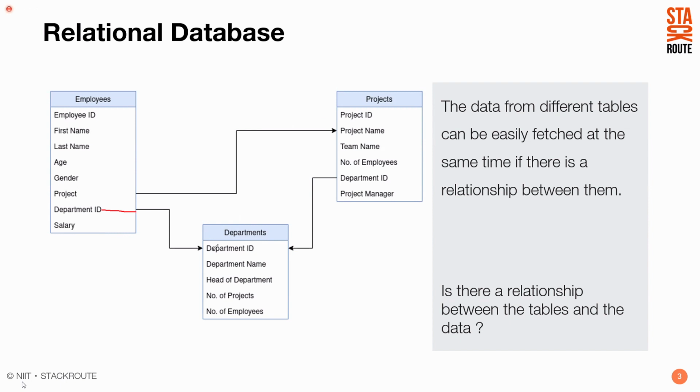The same thing is applicable for department and project. All the three tables have a relationship. Relationships can be exhibited in DB entities with the help of foreign key relationships.